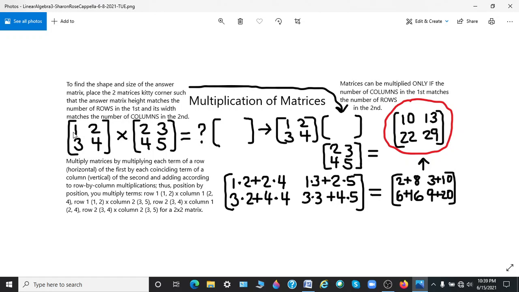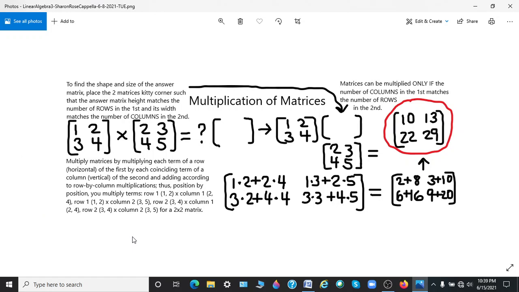Now this is very strange. Pay attention to what I'm doing here. When you multiply these, it is not item by item in terms of upper left, upper right, lower left, lower right. There's not a direct correlation. It is done as such.